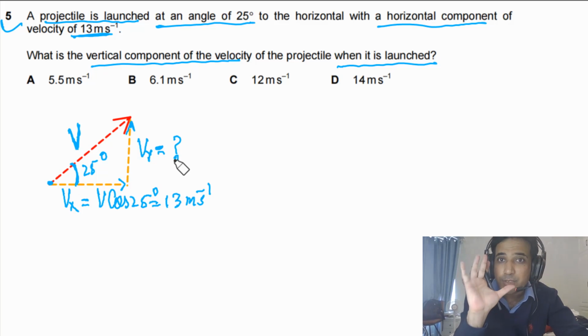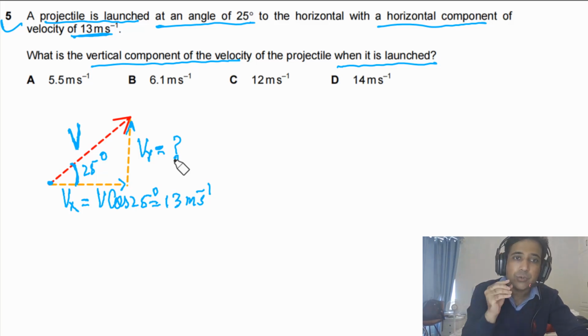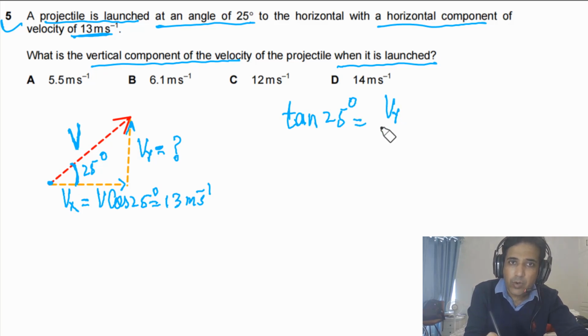So we can answer this question in different ways, but this is a multiple choice exam, so we have to be smart enough to answer these questions quickly. So the quickest way to answer this question is simply we can say tangent of 25 degrees, meaning tangent of this angle, has to be equal to vy divided by vx.